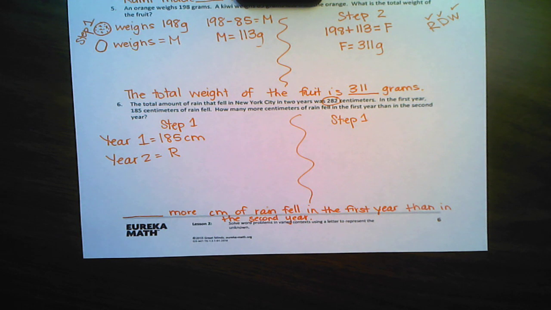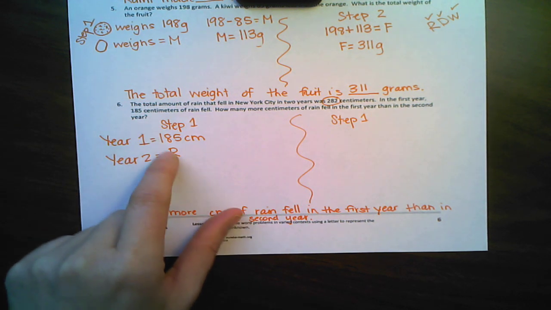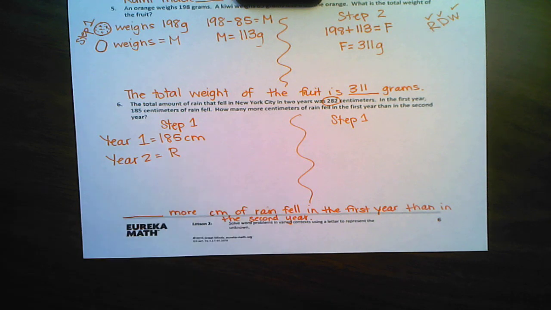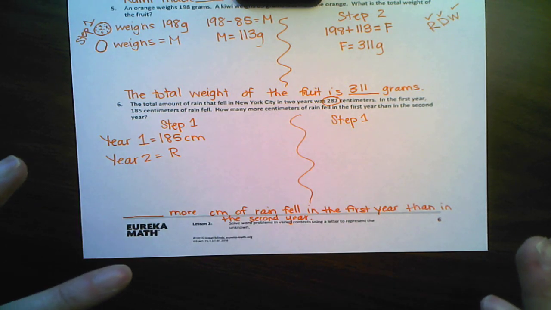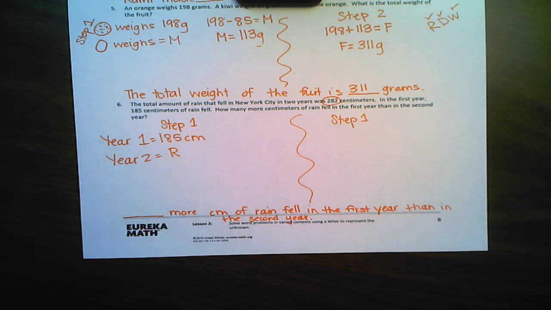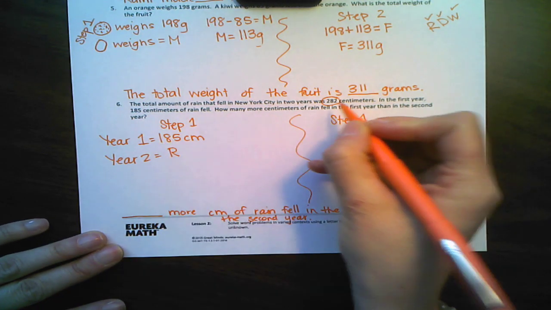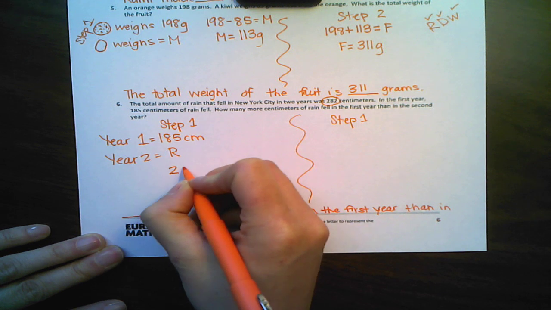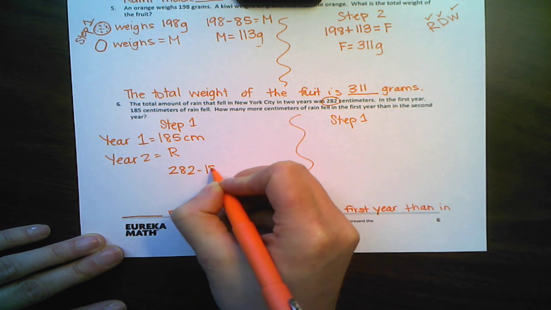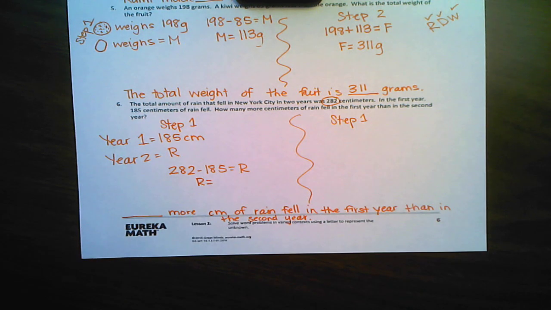So how can we figure out how much rain fell? We have 185 centimeters that first year, 282 for both years. I know, I hear you. You're telling me, Mrs. Brady, let's subtract. Let's take away 185 from 282. I agree. So 282 minus 185 is going to be R for rain.